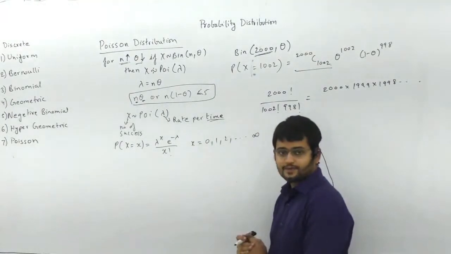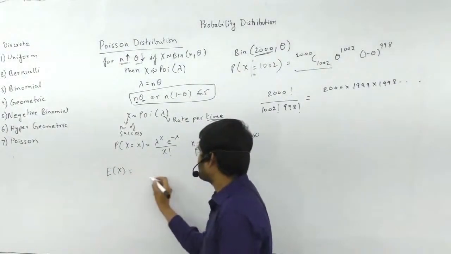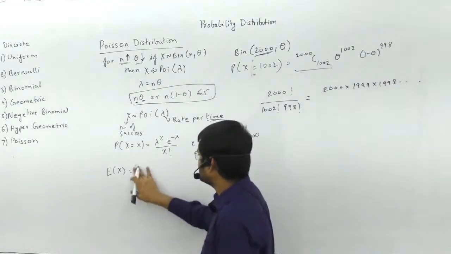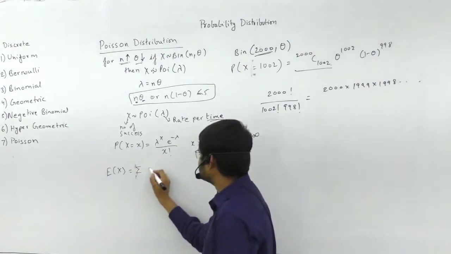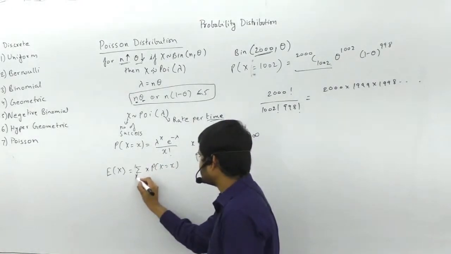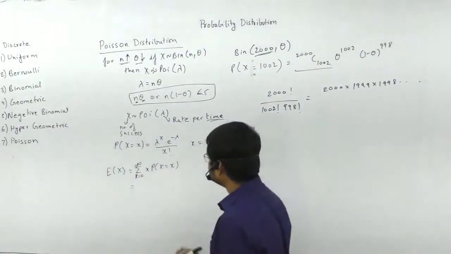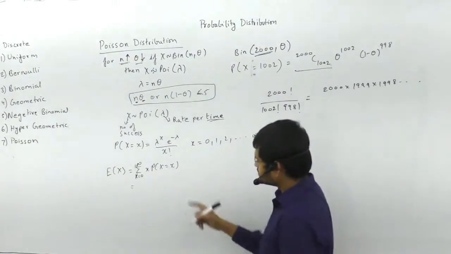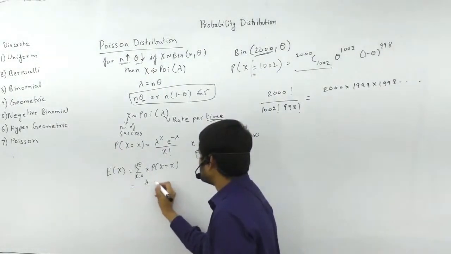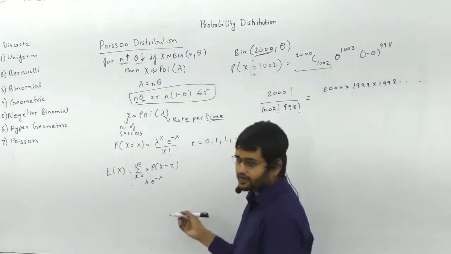Now let's find the expected value. We have the summation of x times the probability that X equals x, where x goes from 0 to infinity. For x equals 0, this term is 0. For x equals 1, we have lambda e raised to minus lambda upon 1 factorial, and 1 factorial is 1.